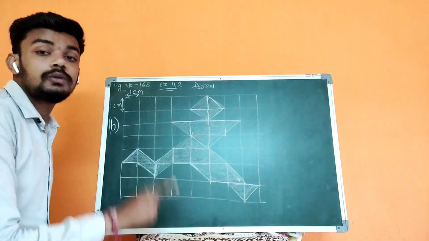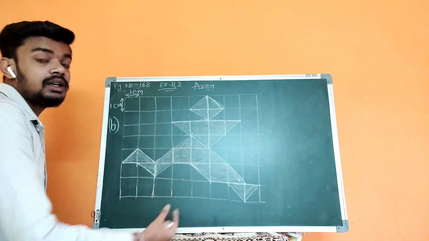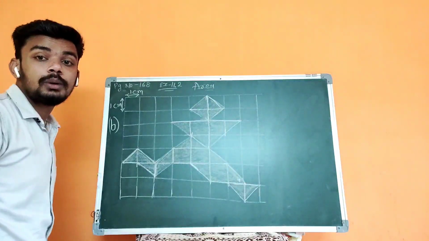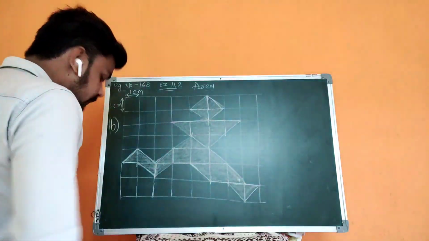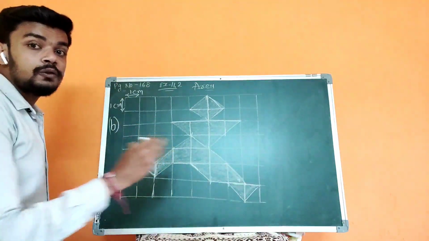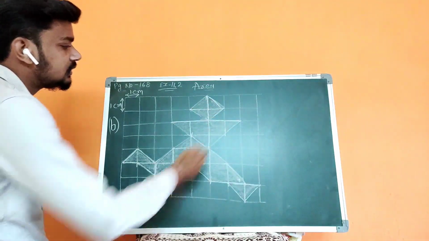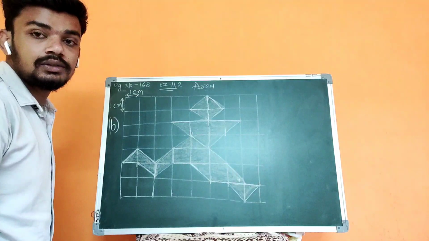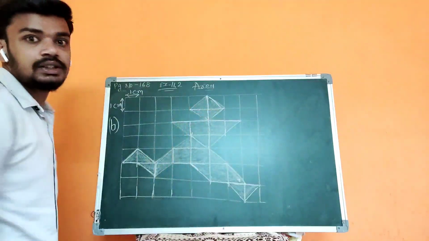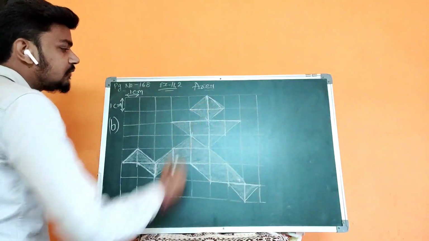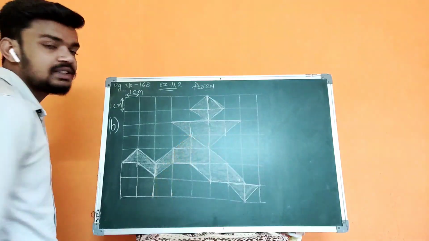Here also we have to find the area by just counting squares. But in the previous question we had full squares. In this one, the figure is not covered by full squares; some of the squares are half.